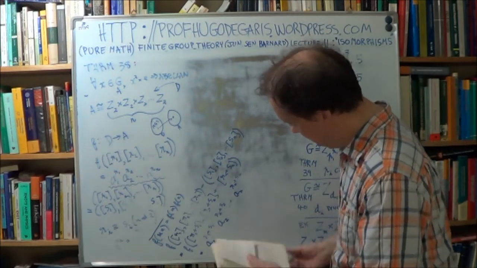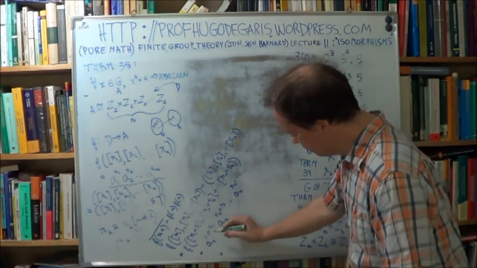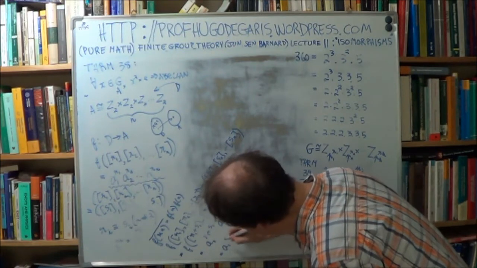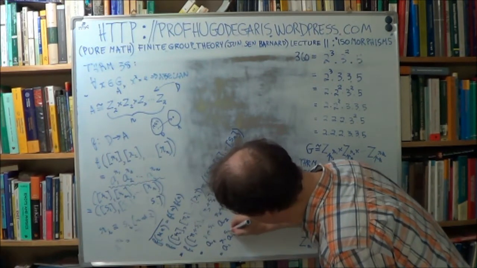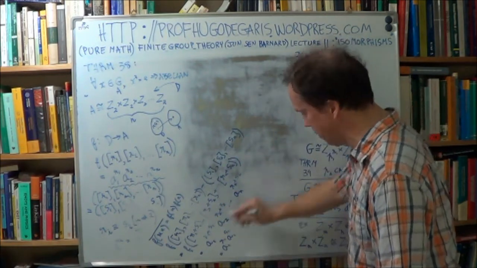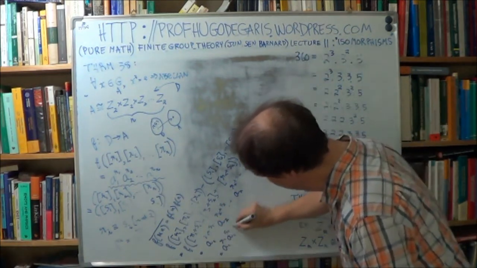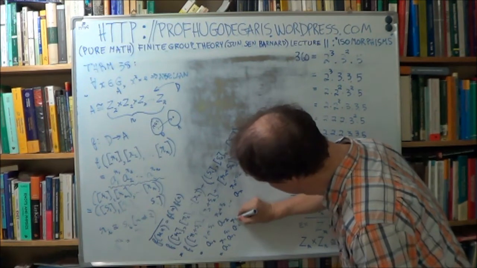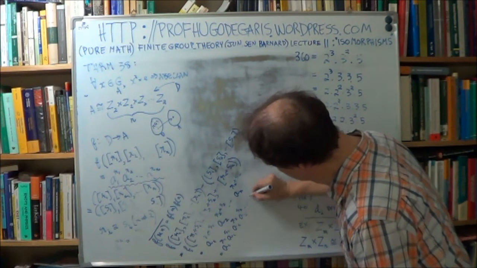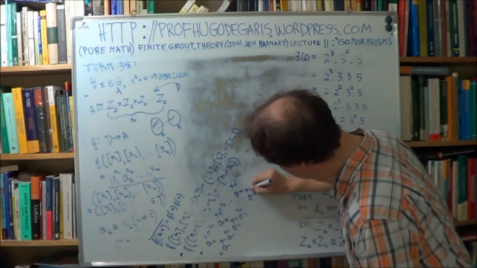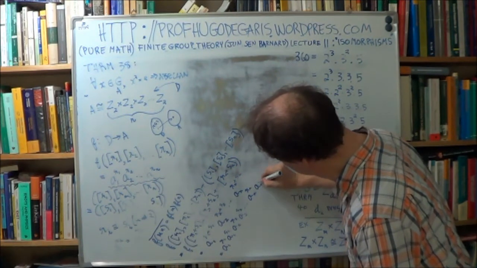So let's rewrite this a little. This is A1 to the R1 times A1 to the S1, just rewriting the exponents a little. A2 to the R2, A2 to the S2, dot dot dot, An to the Rn, An to the Sn.